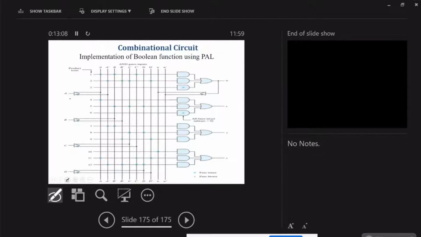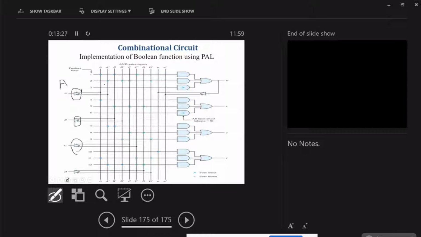So every input will go from buffer and inverter combination. So this indicates buffer and inverter, so each and every input will generate its complemented and uncomplemented form.